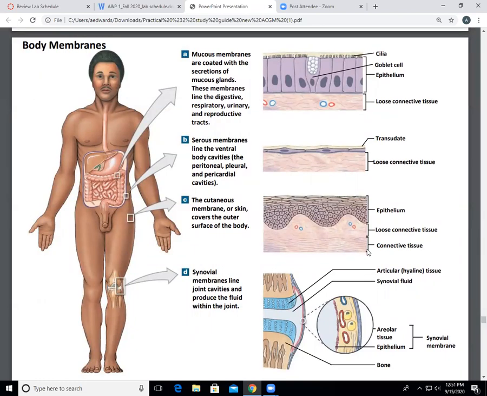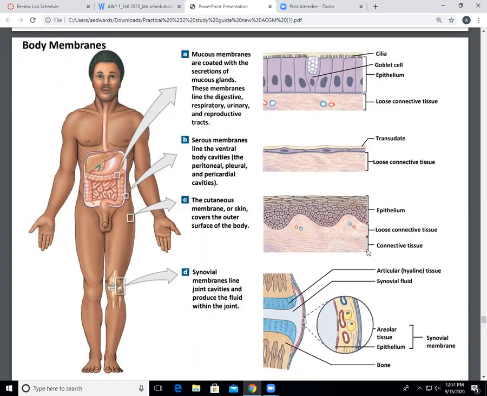All right, so for mucous membranes, basically you have mucous glands that secrete mucus. Okay, makes sense. You'll see this in the digestive tract, respiratory tract, urinary tract, reproductive tract. All right.